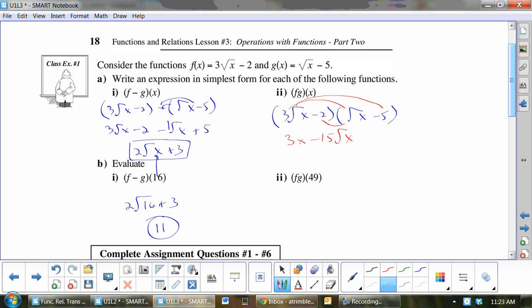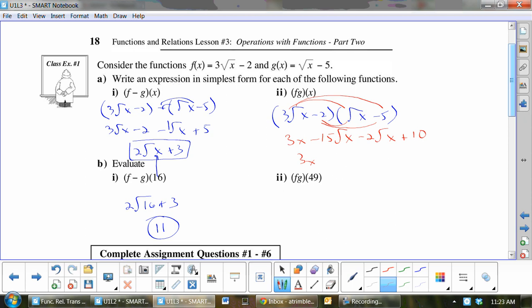And then I'm going to do these two inner ones. Negative 2 times root x is negative 2 root x. And negative 2 times negative 5 is positive 10. My first answer is 3x. I can get those two middle terms together because they're both root x's.